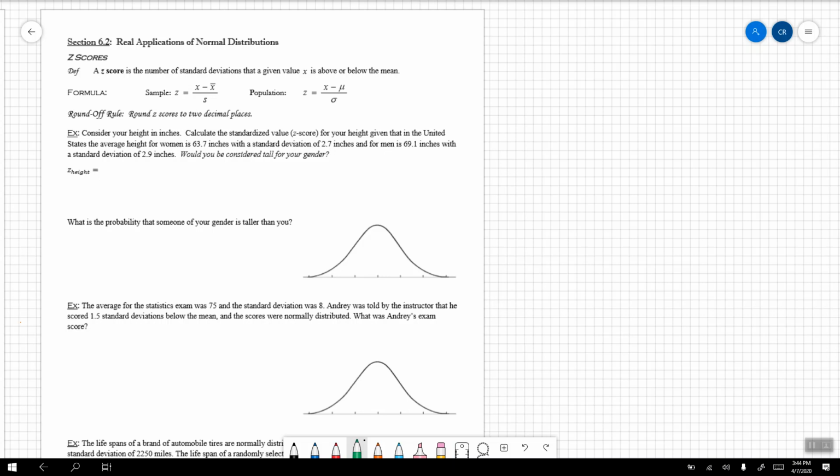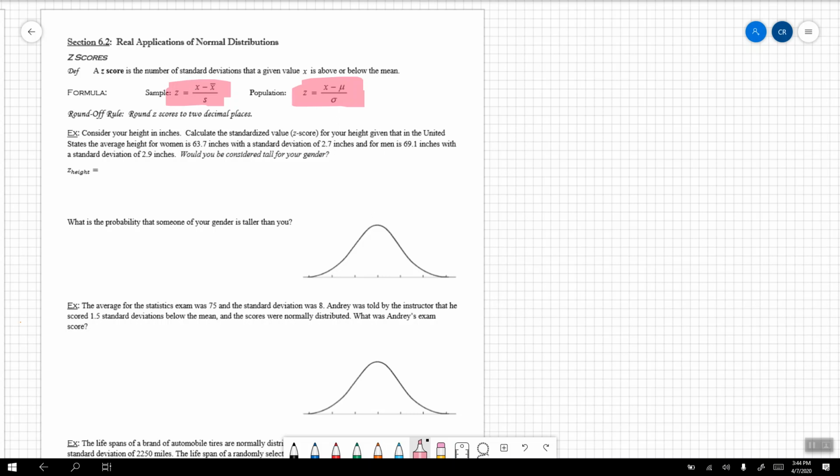So, let's start looking at this. On screen here, you have some formulas that we're going to be using. These formulas are going to allow us to standardize any given score. The two formulas given here are the exact same formula. The first one is just used for a sample, and the second one is used for a population.